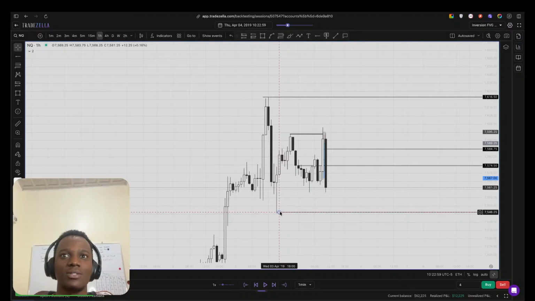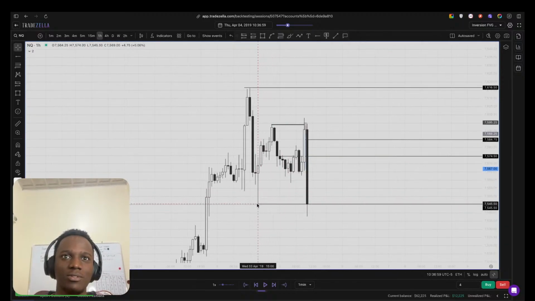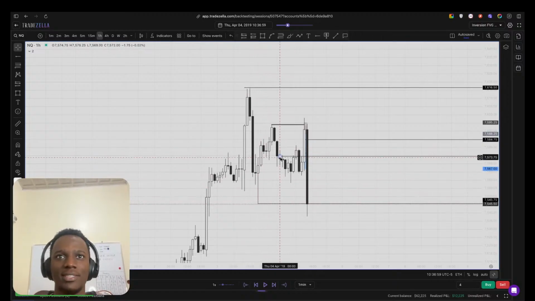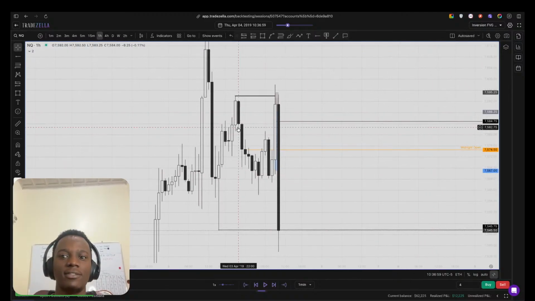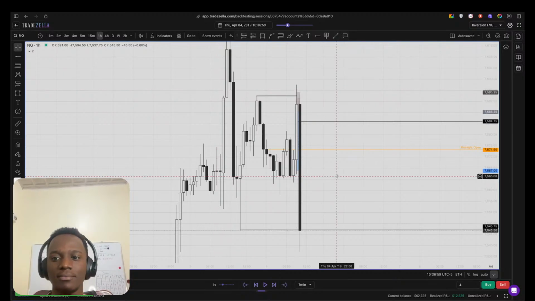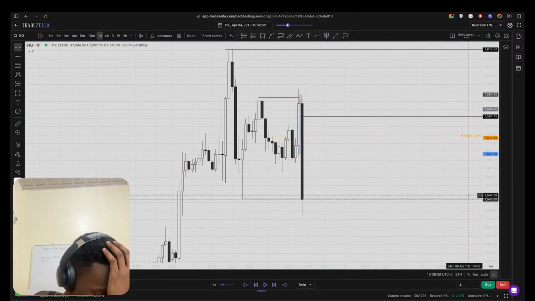So I think these lows here will also get targeted. Yeah, directly. So very good power of 3 delivery here. Very beautiful drop. So that was the lesson of the day. I still don't get why I didn't consider that gap.